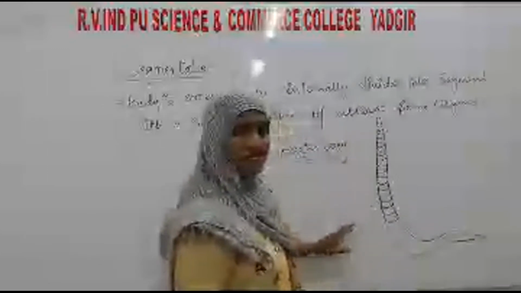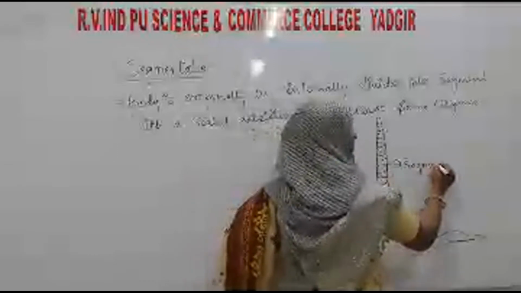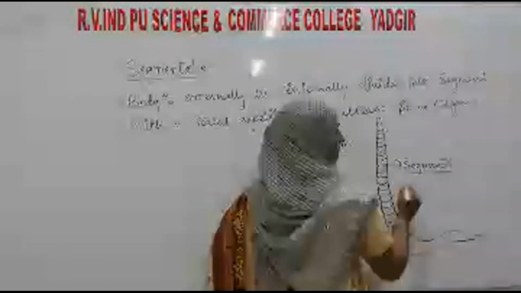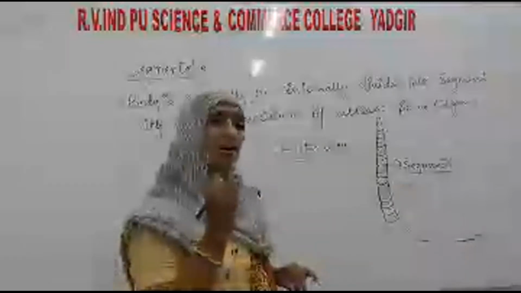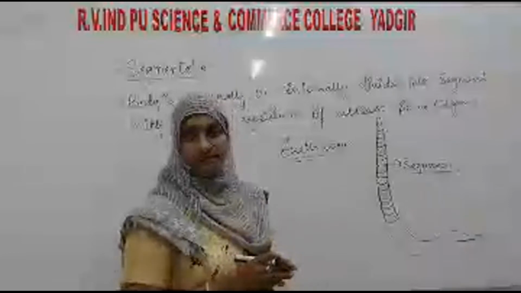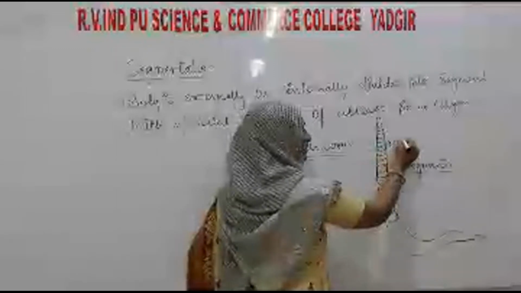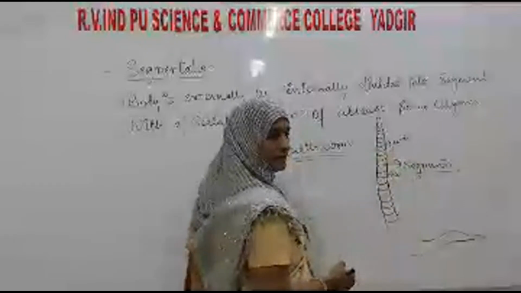What are these? These are the segments. And their organs are also distributed along with the segments. For example, if the stomach is present in the 14th segment, then the intestine is present in the 21st segment, like that.